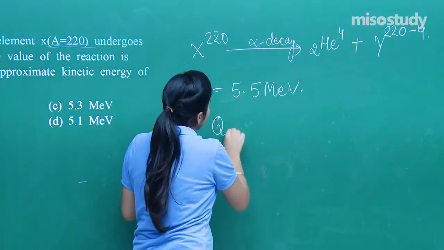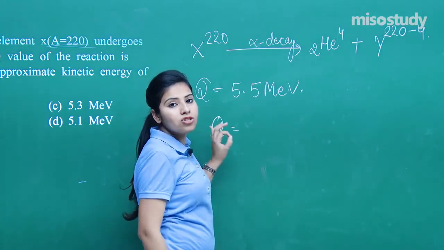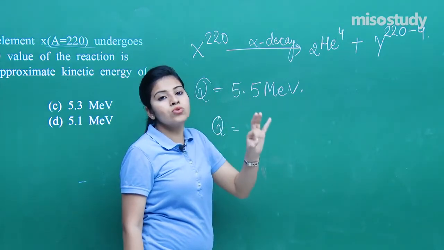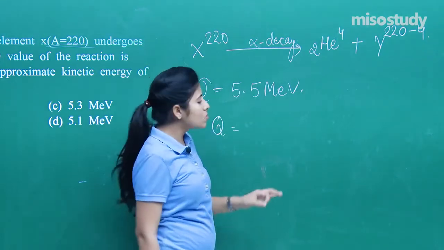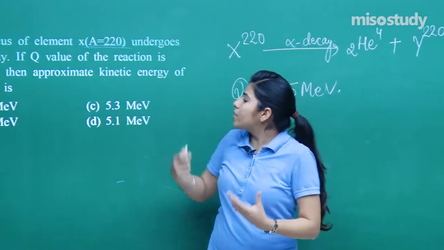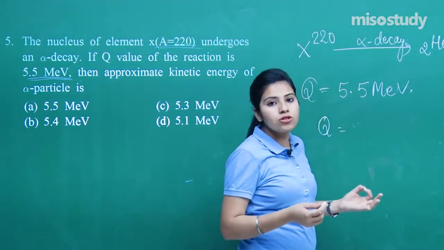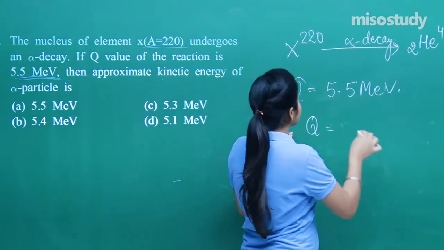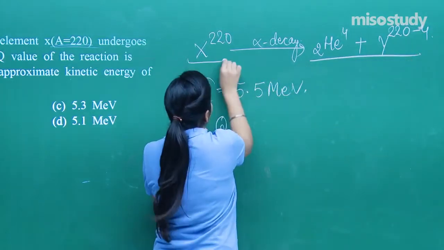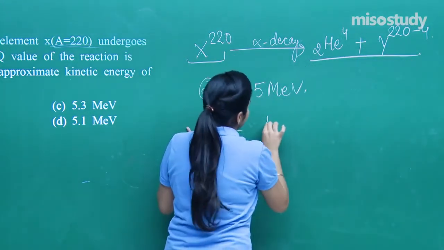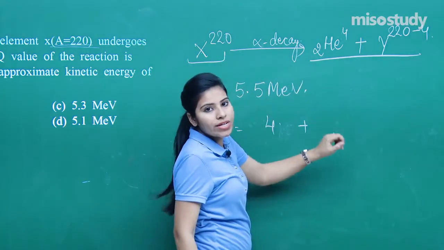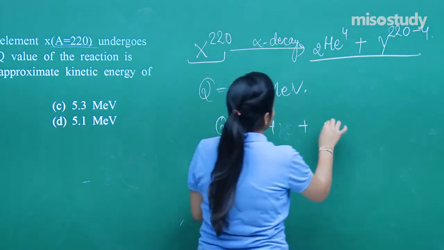We know that Q value is nothing but the mass of reactants minus mass of products into 931 mega electron volt. Only the Q value has been given, so we are going to multiply their masses. These are products and this is our reactant. So product is plus 220 minus 4, that is 216.